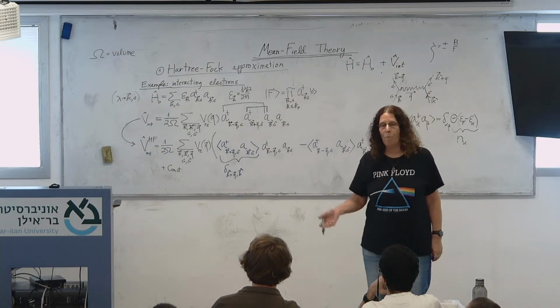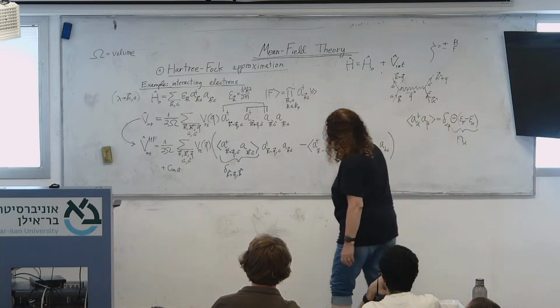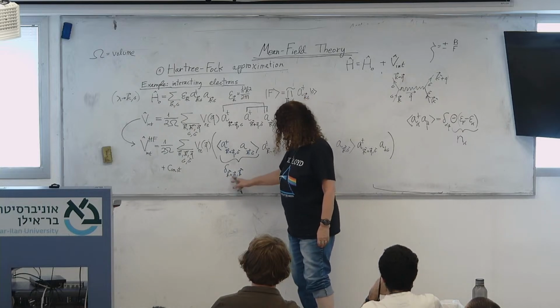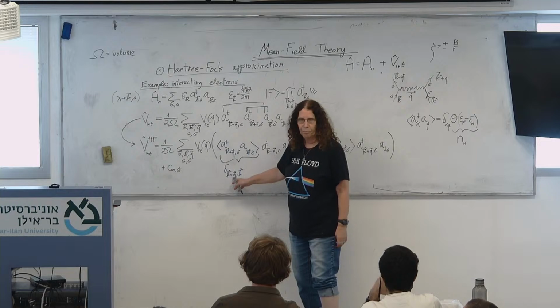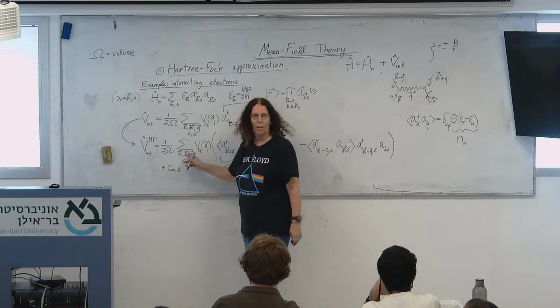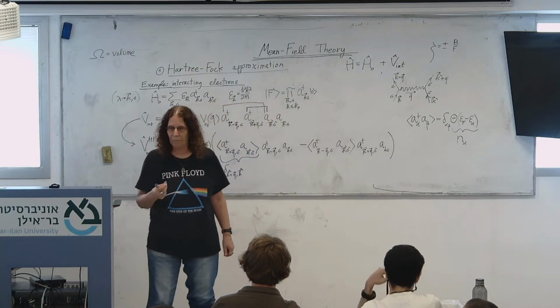If q is 0. So for any k prime, it is satisfied provided that q equals 0. So it kills the summation over q and replaces it by one term, q equals 0.